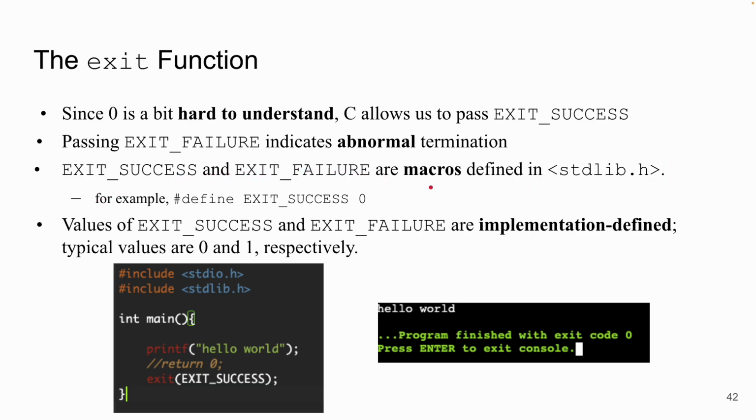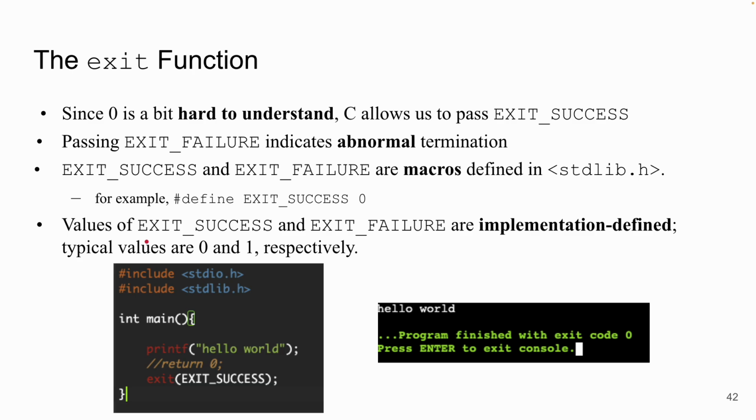If you write down something like this, you can check out the printed message here. You can see that after your program prints what you want to print, there are always some lines here, right? Because this program finished normally, we have the exit code 0 here. That is what we designed here. In this code, we say that if this code terminates normally, I want to return the exit code 0 here.